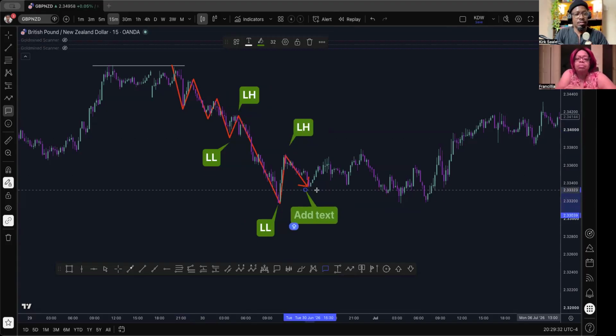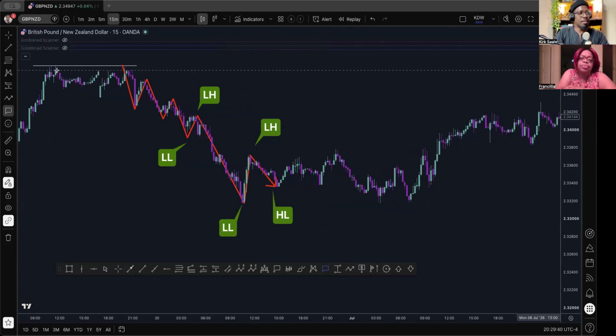This, for right now, this is a higher low. All right, that's a higher low. But now we have to look and see, do we get a higher high? Nope, this one didn't go higher. Kind of.